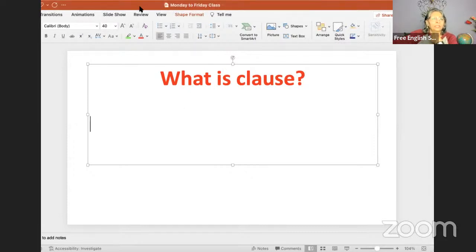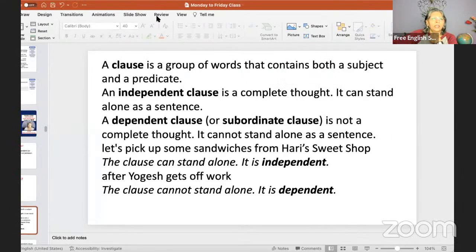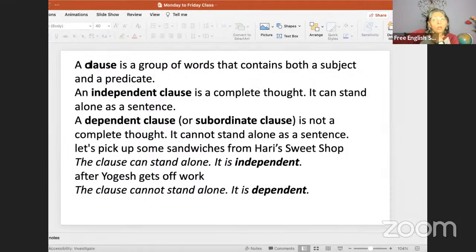So what is a clause? Now let's go to the next screen and talk about clause. A clause is a group of words that contains both a subject and a predicate, right? Now we're going to reread this definition so you can understand.